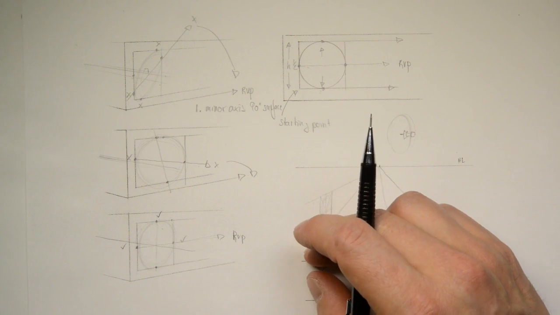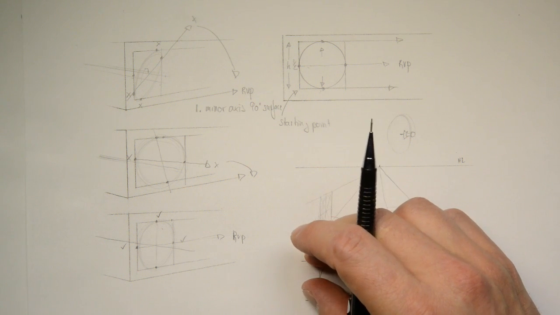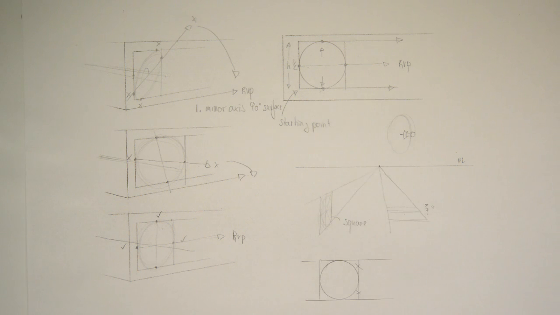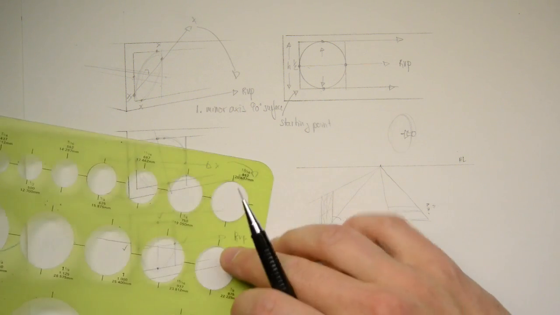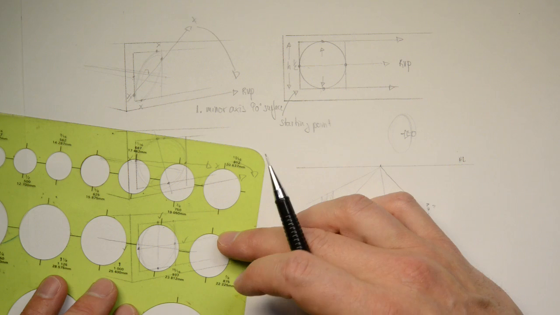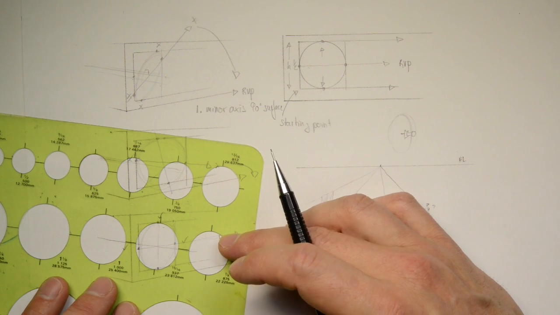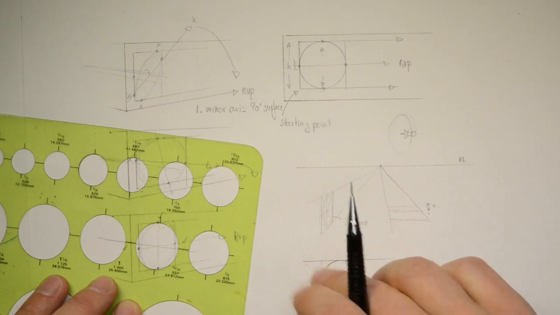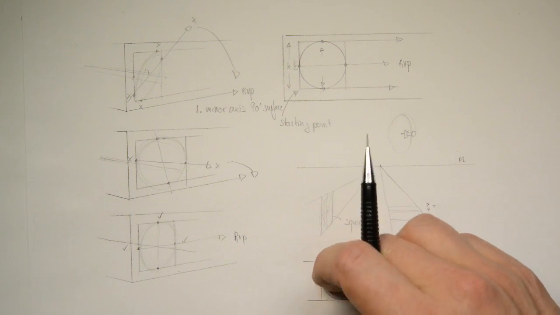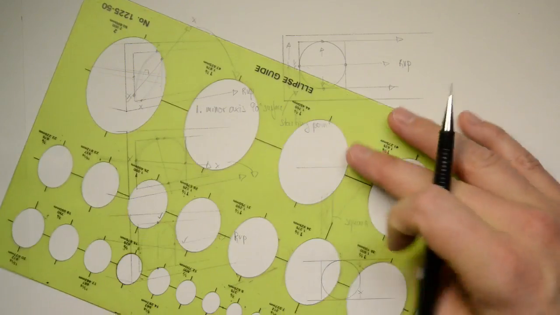At this point, my ellipse is still a little bit loose, so I will have to grab an ellipse guide and see which one fits best to clean up this ellipse. So here I would have a 65-degree ellipse. You see that I'm aiming it towards the vanishing point, and I meet the top and the bottom, but the side points are not matching, so this is too large of a degree.